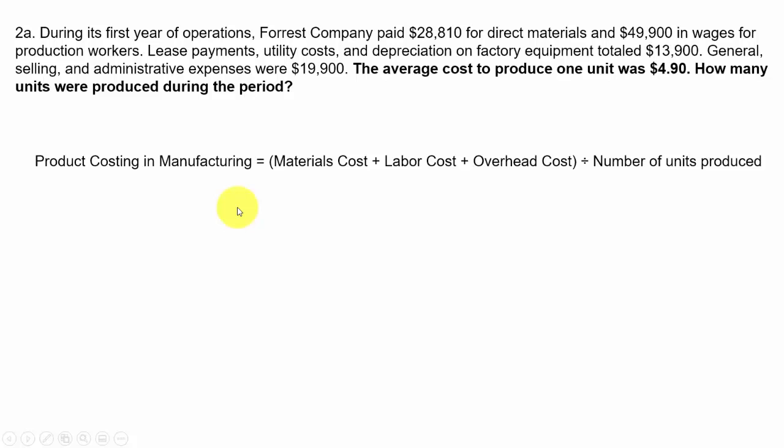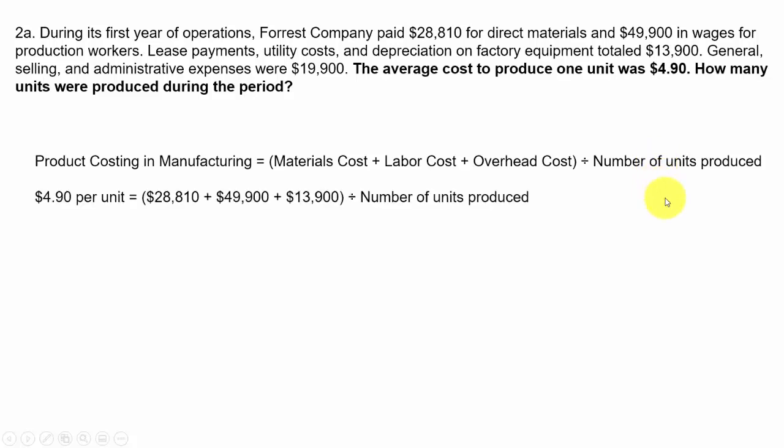All right, so this little formula is that production cost in manufacturing equals the 3 things: material cost, labor cost, and overhead cost, and you divide that by the number of units produced. And in this case, we know what the average cost per unit is, which is $4.90.